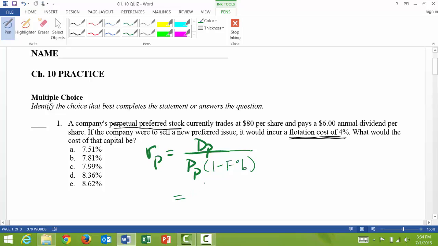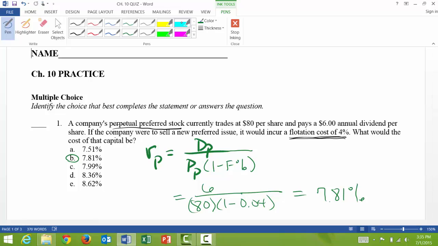The dividend was $6 and the price was 80. I'm going to multiply 80 in this denominator times 1 minus 0.04, and you'll end up getting 7.81% because of the flotation costs.